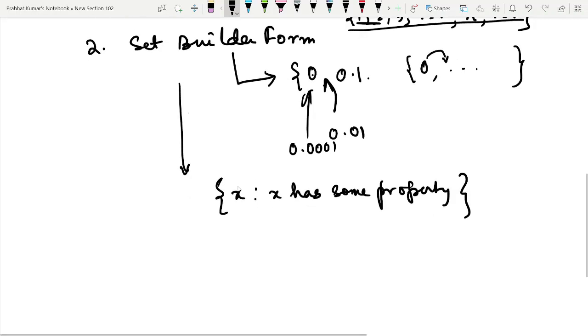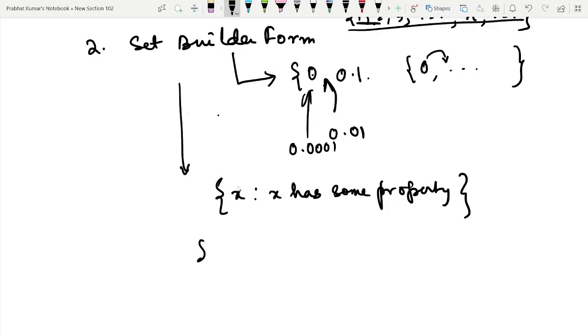It means the collection of all those elements having a particular property. We are not explicitly telling what the elements are, but we are denoting them property-wise. For example, the set of all real numbers between 0 and 1 including 0 and 1, we can write like this.